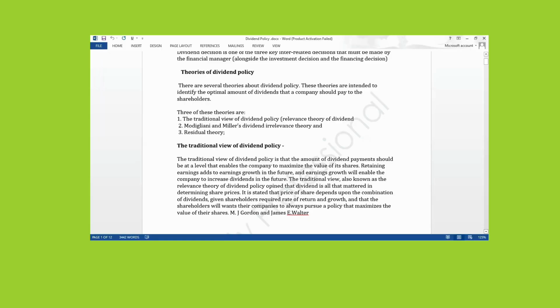Retained earnings contribute to earnings growth in the future. Earnings growth will contribute to dividend growth in the future.